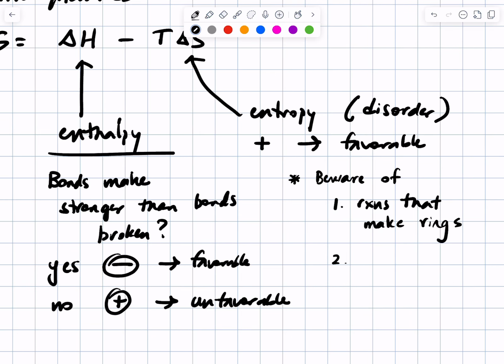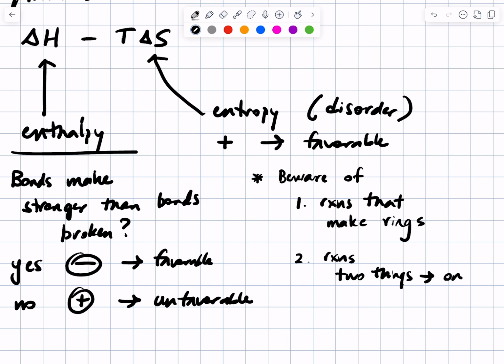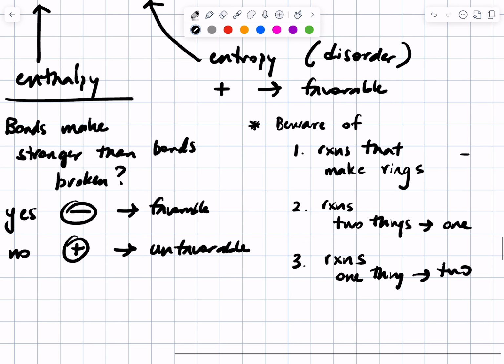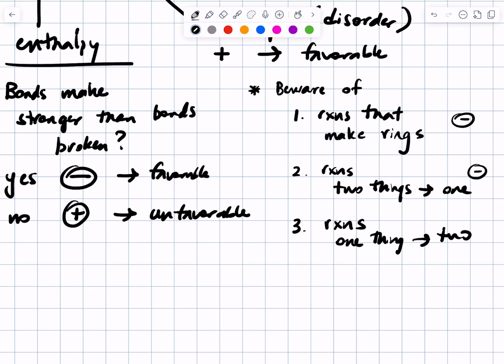You want to be aware of reactions where two things become one. That requires a loss of entropy. You also want to be aware of reactions where one thing becomes two. Reactions that make rings are going to decrease entropy. Reactions where two things become one are going to decrease entropy. Reactions where one thing becomes two are going to increase entropy.